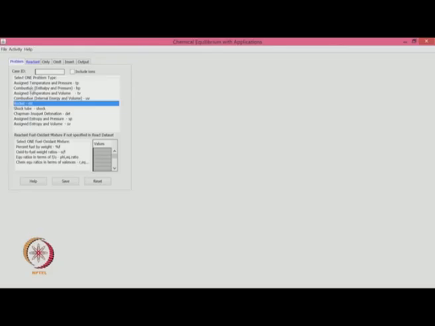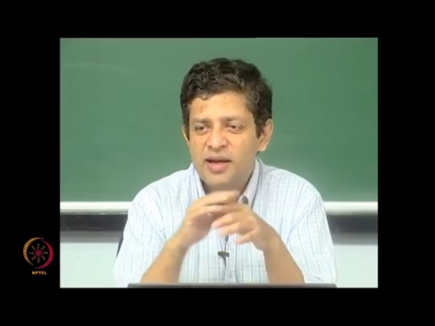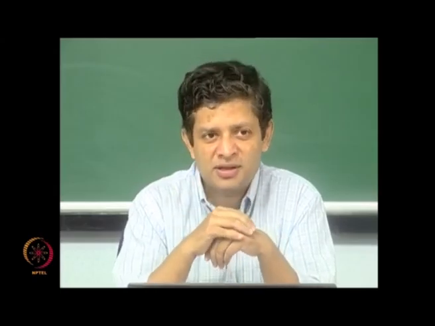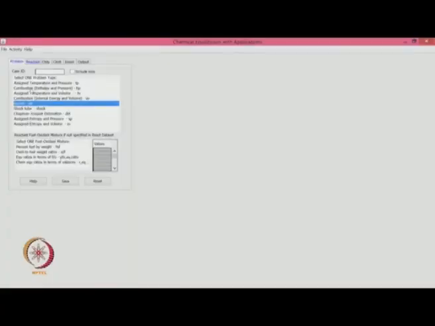That is, if you are only interested in looking at the combustion chamber of a rocket motor or a gas turbine engine and what are the temperatures that are achieved and other things, then you can use this. Again, you have assigned temperature and pressure. It can also do the shock tube problems and many other problems. Now let us in this case look at only the rocket problem, because that is of interest to us.